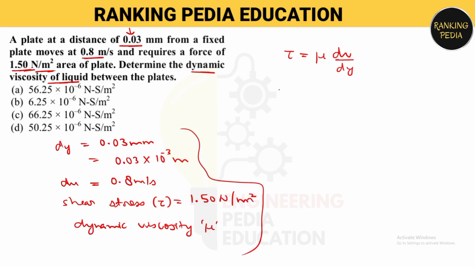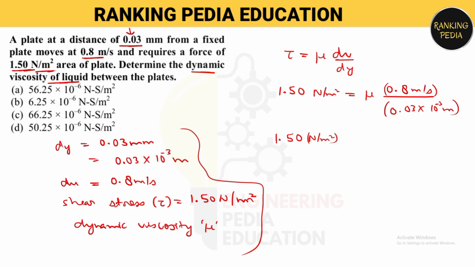The tau value is 1.50 Newton per meter square, du is 0.8 meter per second, and dy is 0.03 into 10 raised to the power minus 3.